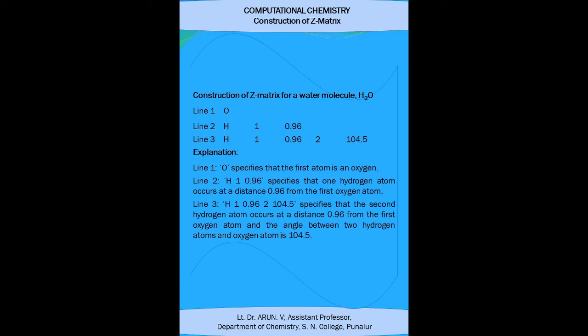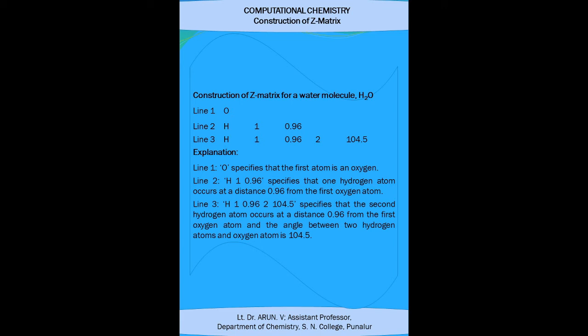Another example is the water molecule. Here we can see three lines. First line O, second line H 1 0.96, third line H 1 0.96 2 104.5. Line 1, the oxygen, specifies that the first atom is an oxygen.